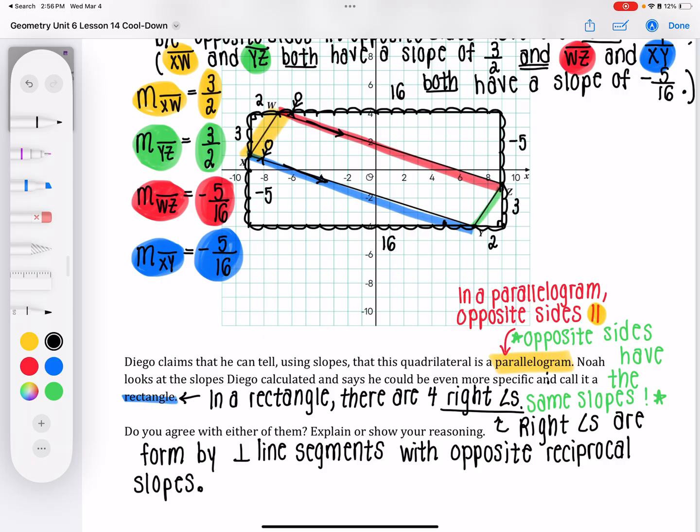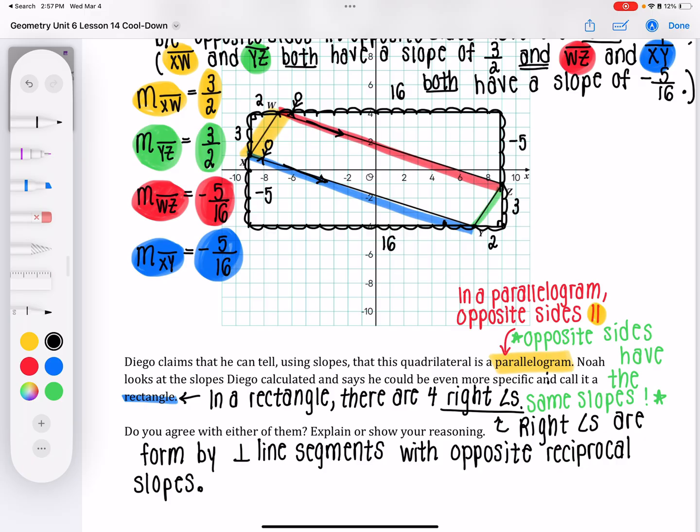So even though they look like they could form right angles, it's so close, but they're not right angles. And also, I'm taking a look at my green line segment of 3/2. Its adjacent sides are the red and the blue line segments as well.